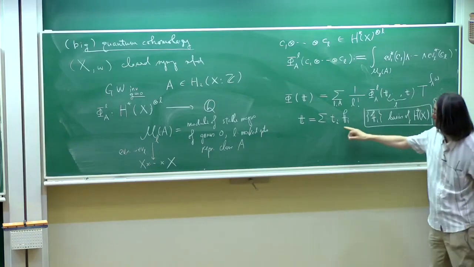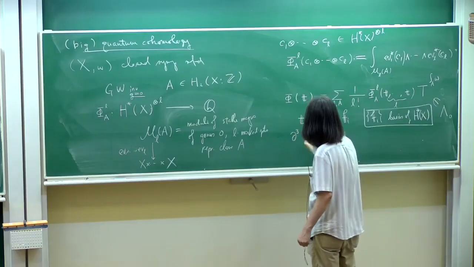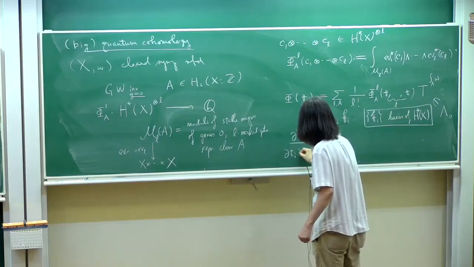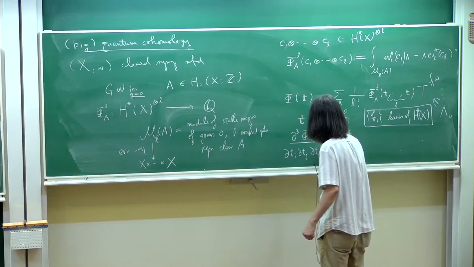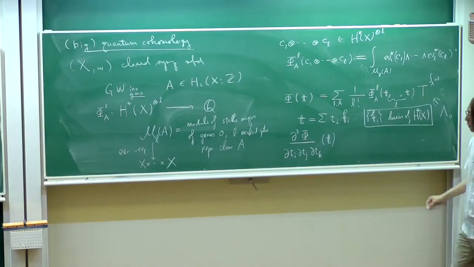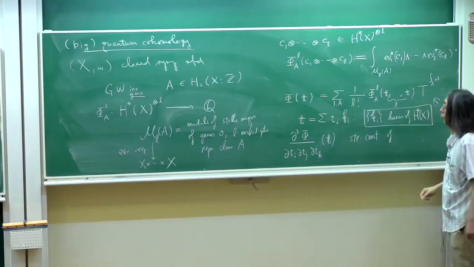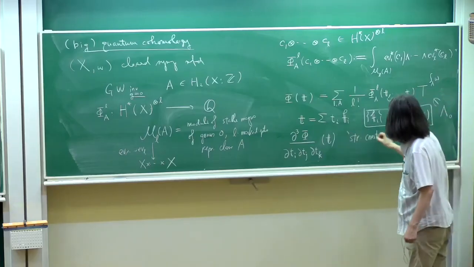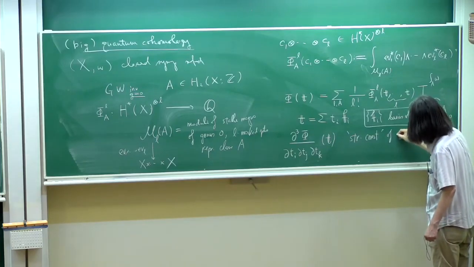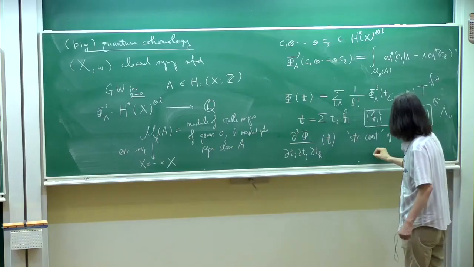And then you can take this and consider the third derivative of this at the point t. And this is actually the structure constant of the t-deformed quantum cohomology.